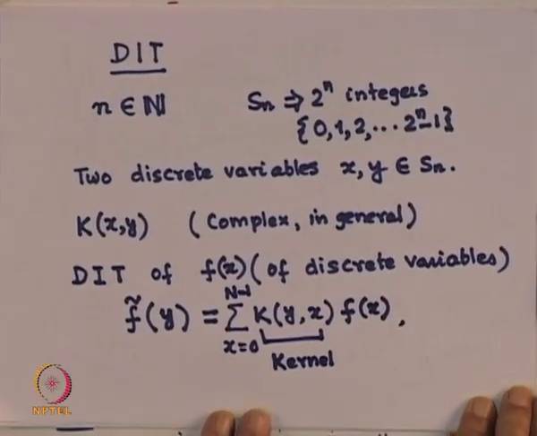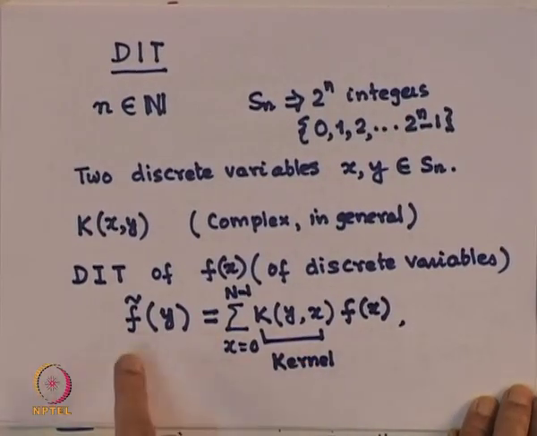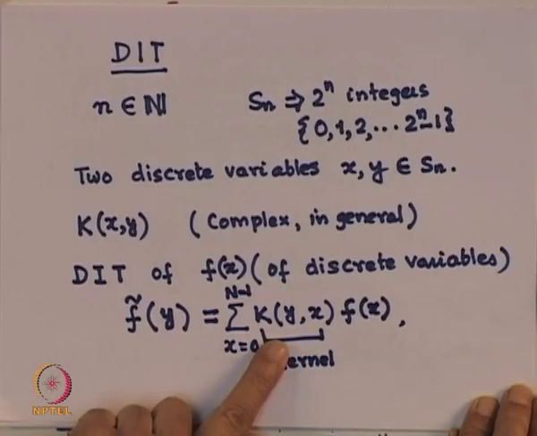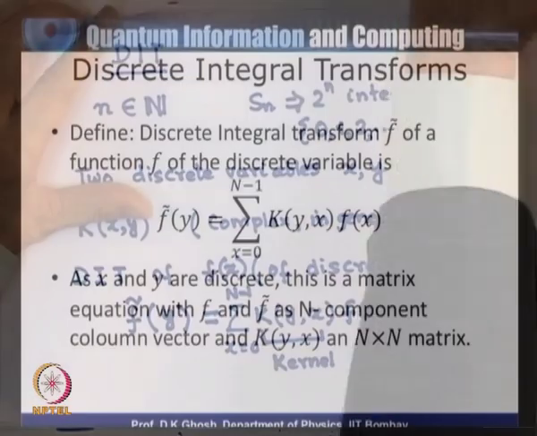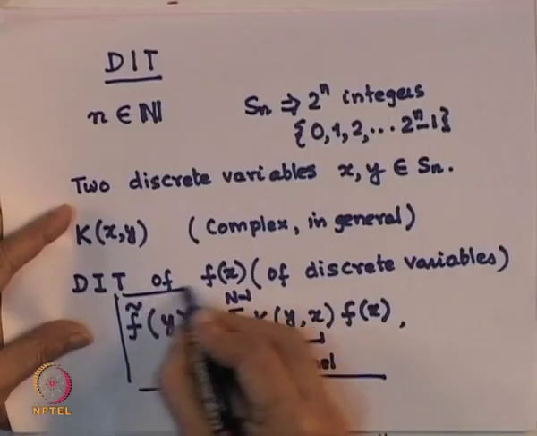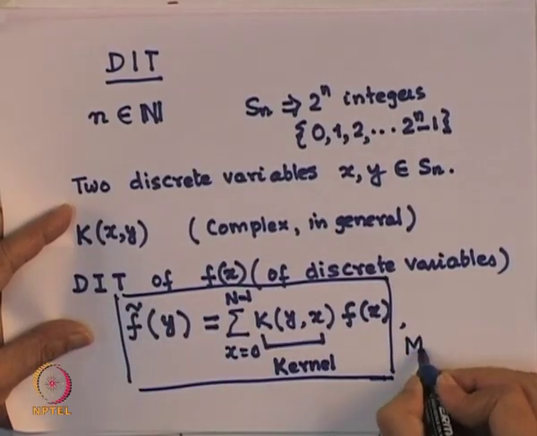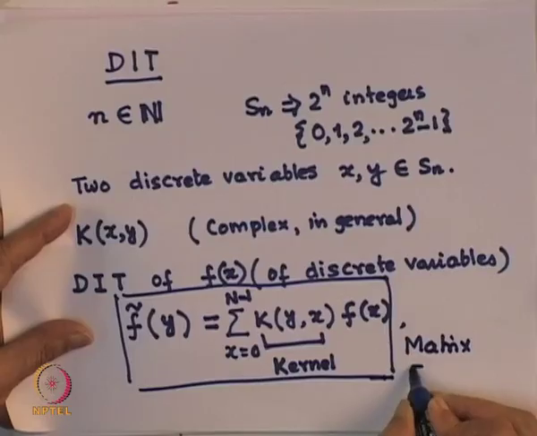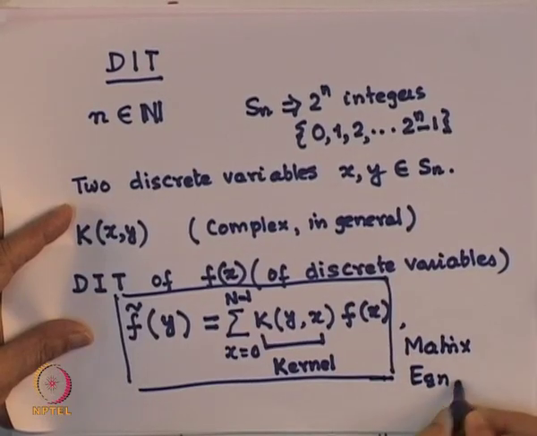Now notice, since x and y are both discrete, this is actually a set of simultaneous equations. What we will do is say that f(x) and f tilde of y are both column vectors, and then of course this becomes just a matrix equation. This, the equation that I wrote down, becomes the matrix equation.